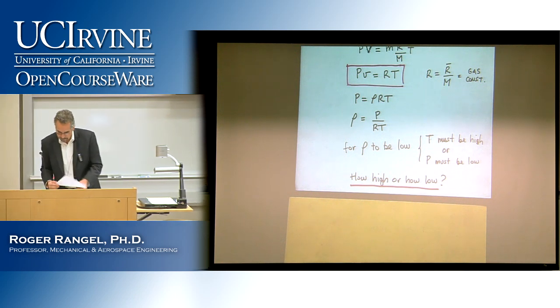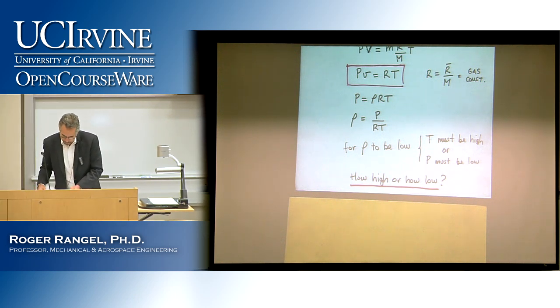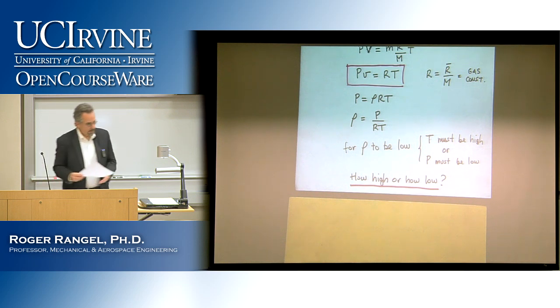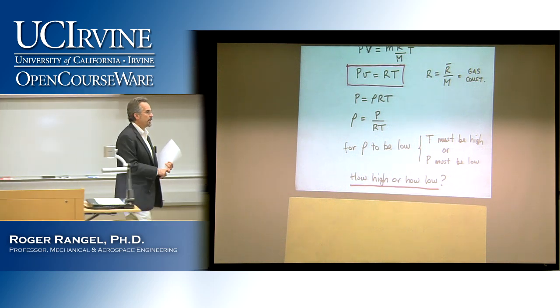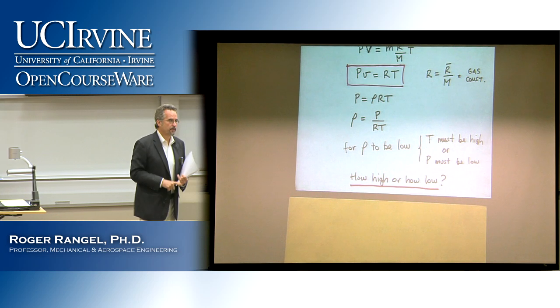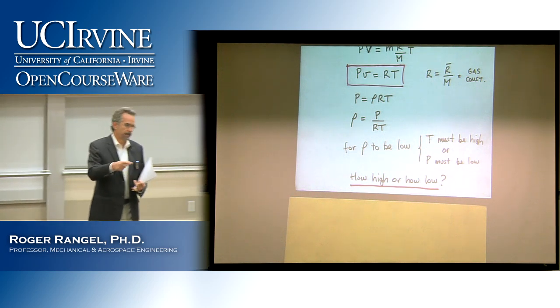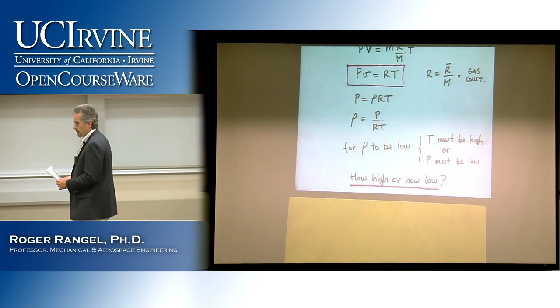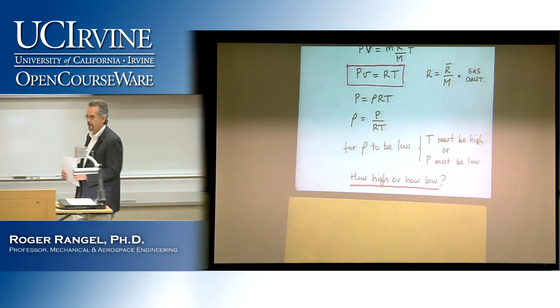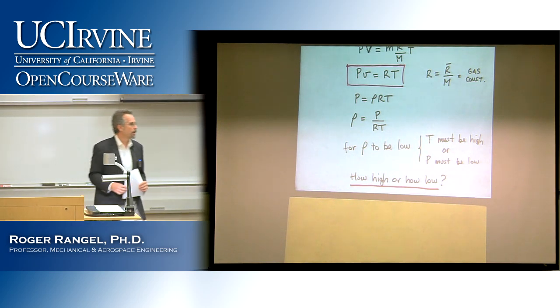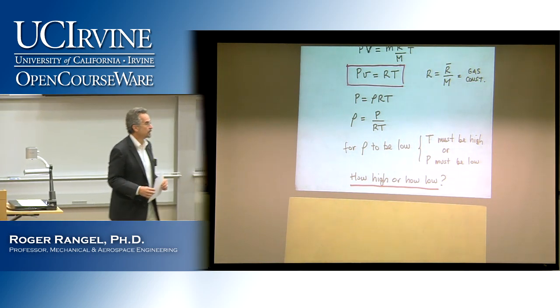So for each substance, I was pretty sure I had a table here. Let me double check. Yeah, of the critical values. So you compare your temperature to the critical temperature for that substance, or you compare the pressure to the critical pressure for that substance. Does anybody remember what the critical pressure of water was?